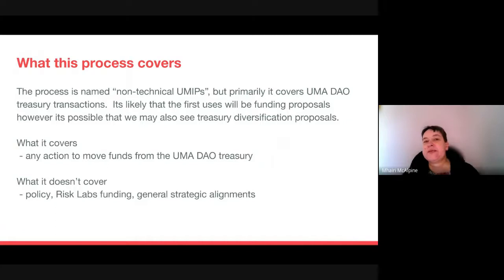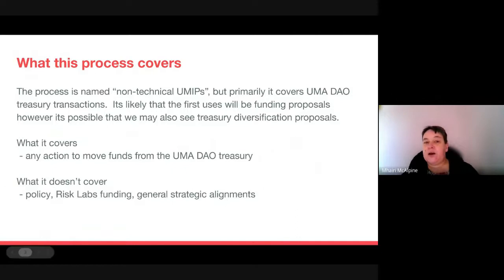So this process is named non-technical UMIPs, but primarily it covers UMA Treasury transactions. It's likely that the first uses of these will be funding proposals. But it's also possible that we might see Treasury diversification proposals. So what it would cover is any action to move or transfer funds from the UMA Treasury.